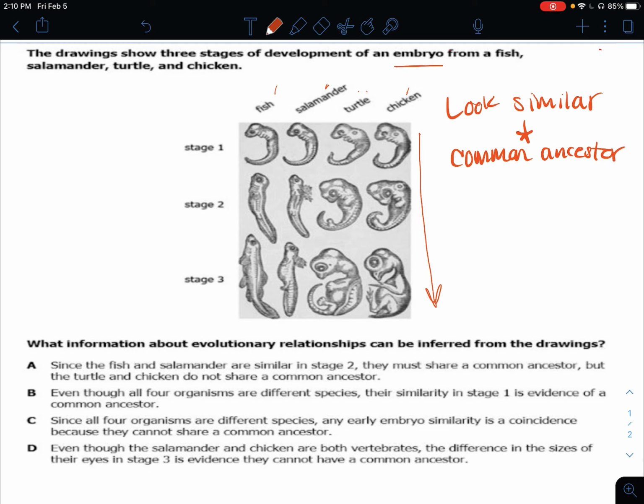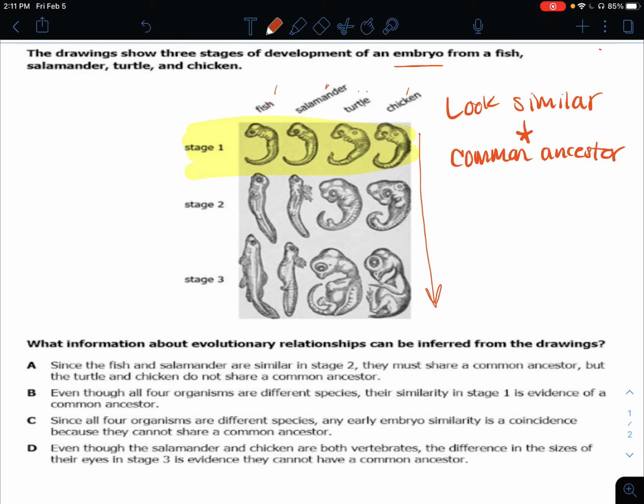So since we know, looking at this first row here, this stage 1, look at those embryos. If we didn't already have what species they were labeled up top, there's no way we would have even been able to tell them apart. So we know that all 4 of these species must share a common ancestor. They are closely related evolutionarily, right? Okay, so they are all sharing a common ancestor.